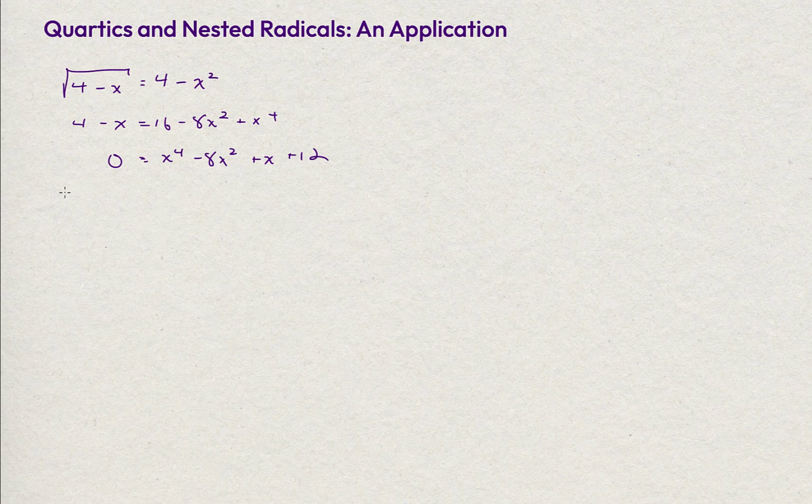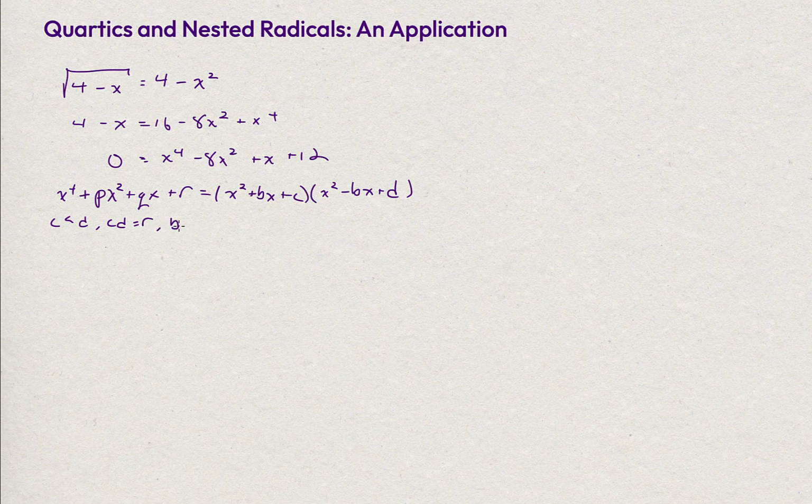So let's recall how to factor a depressed quartic. If we have something like this, x to the fourth plus px squared plus qx plus r, and we want to factor it into these two quadratics, x squared plus bx plus c, x squared minus bx plus d, then we need to find c and d so that c is less than d, and c times d equals r, the constant term.